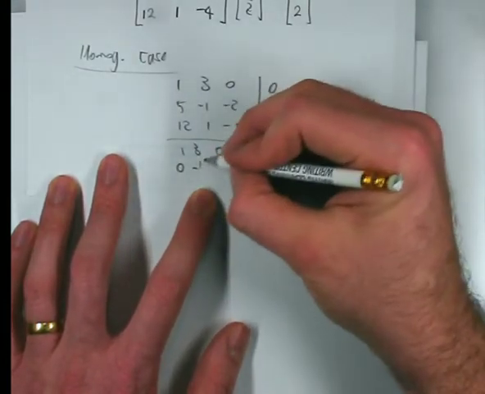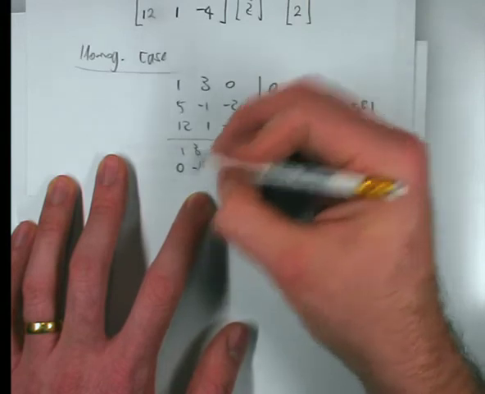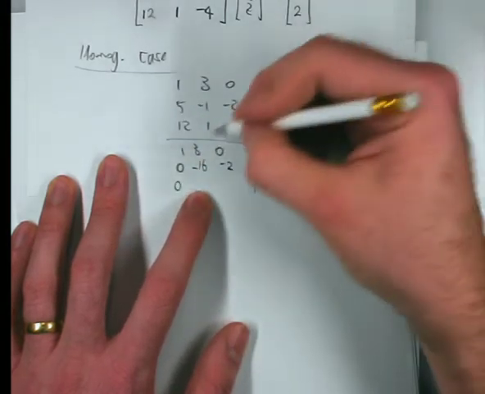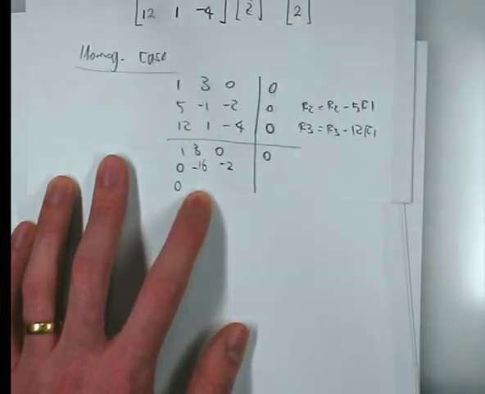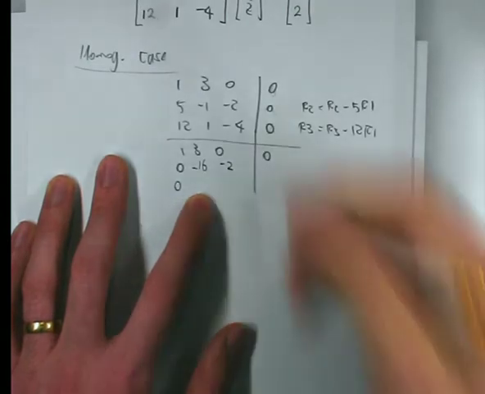Oh, minus 16, yay, okay. 12 threes would be 36.